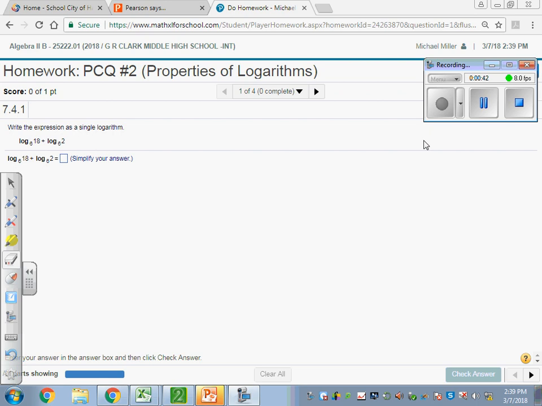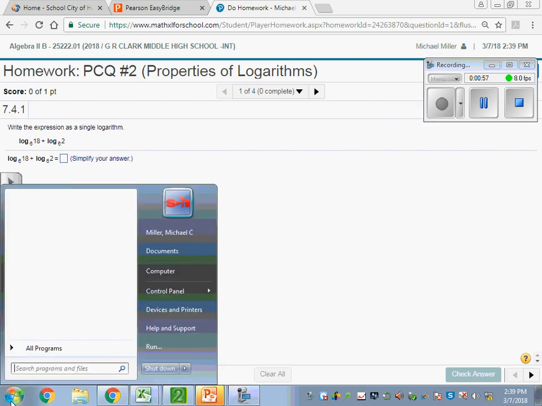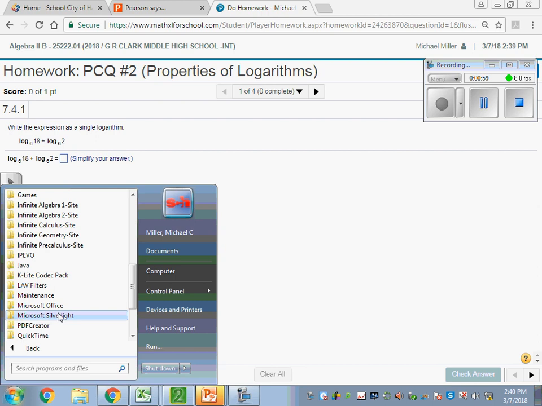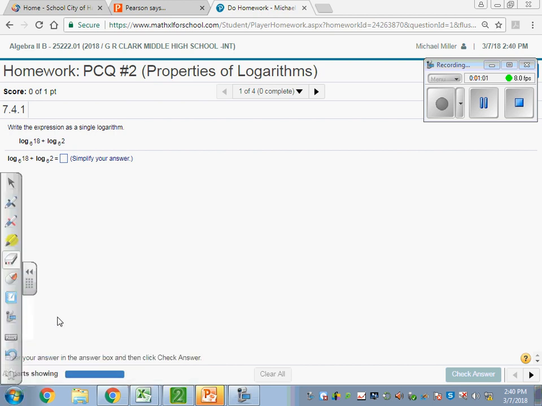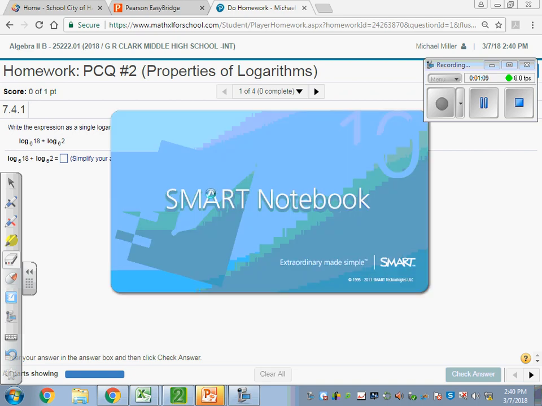We have log base 6 of 18 plus log base 6 of 2, and we're told to write that as a single logarithm. All right, so let's do that. Let's take a look at how we can write that as a single logarithm. So let me get a notepad up here. It closed out on me unexpectedly, so let me fire it back up.